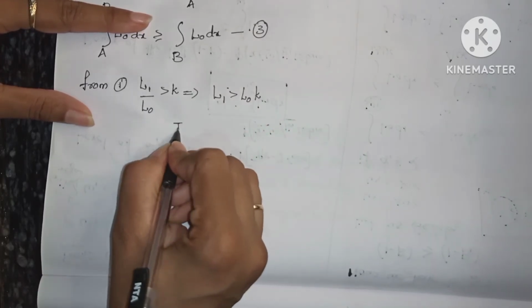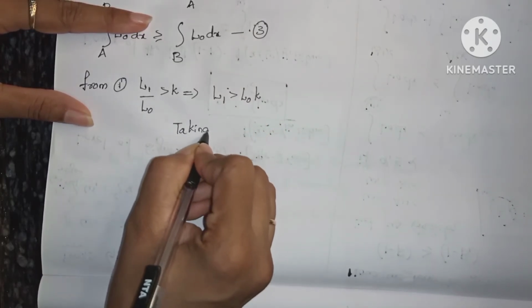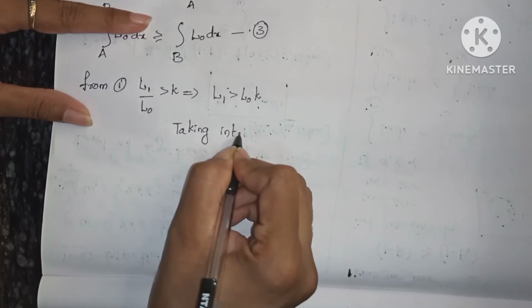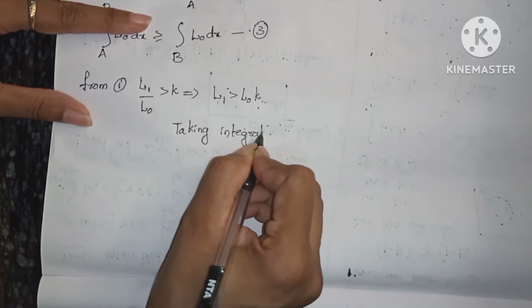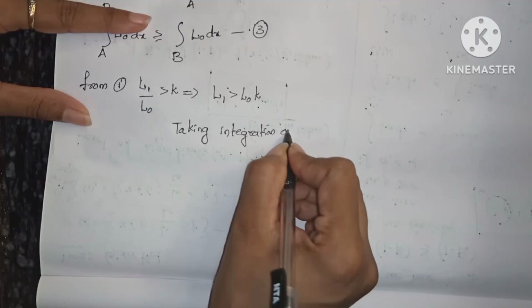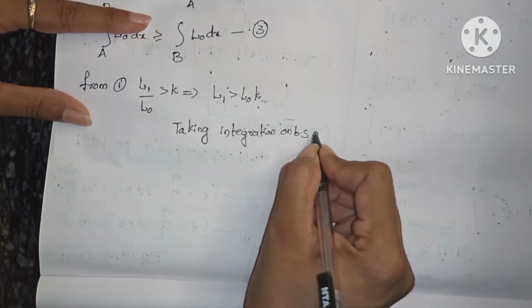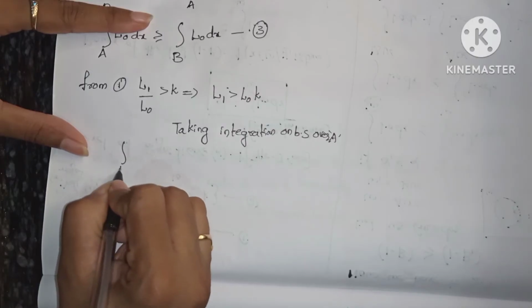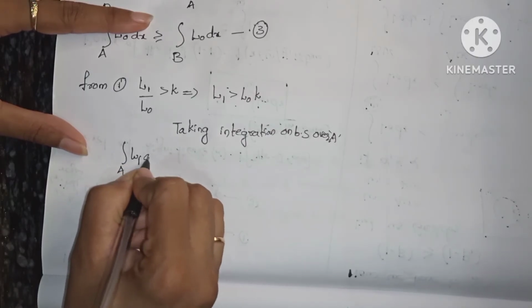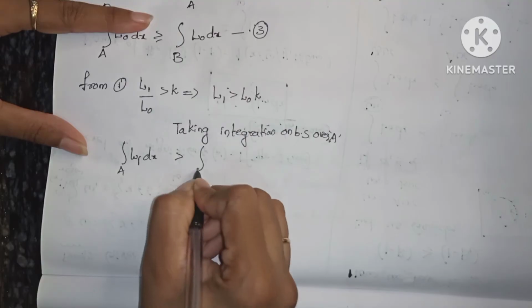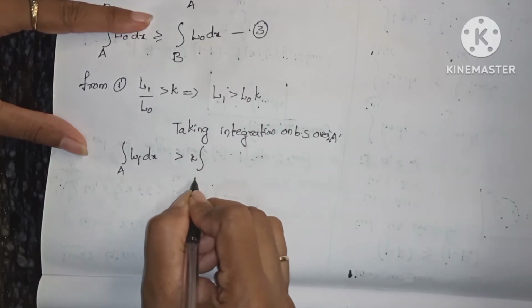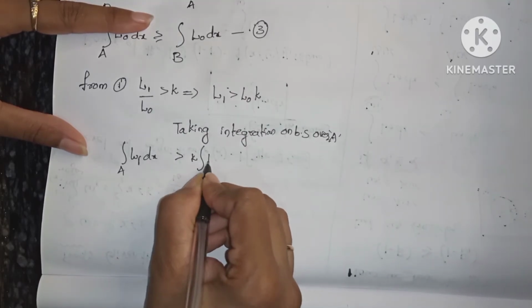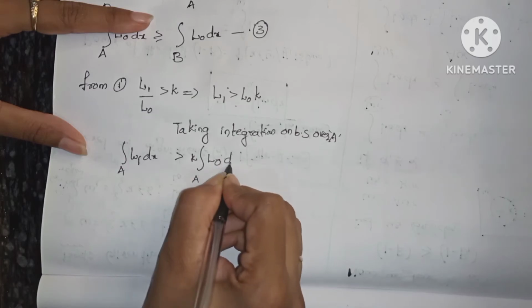So now taking integration on both sides over A. So now integration over A of L1 dx greater than integration, K is constant, over A of L naught dx.